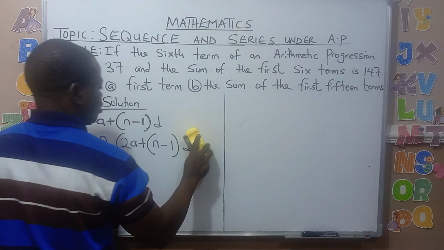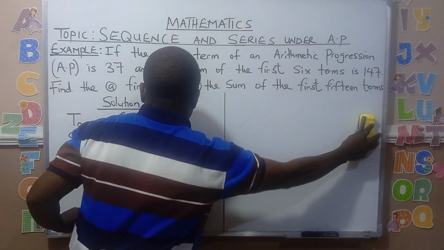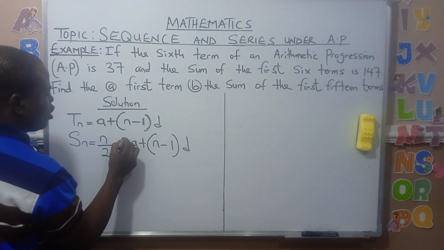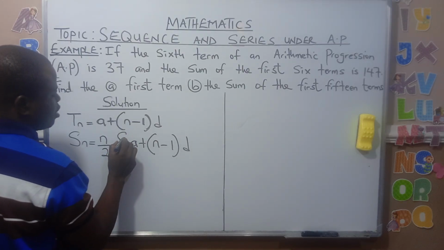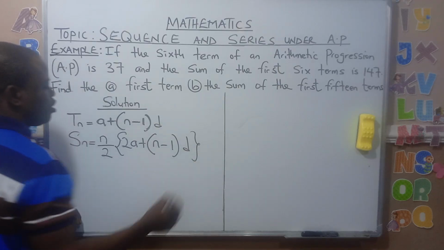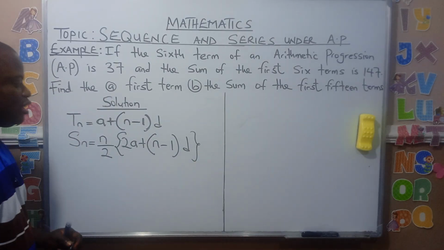Now let's make the bracket of the first one different from the second. Let's use the curly bracket for the outside bracket. This is the formula for the sum of the n term.